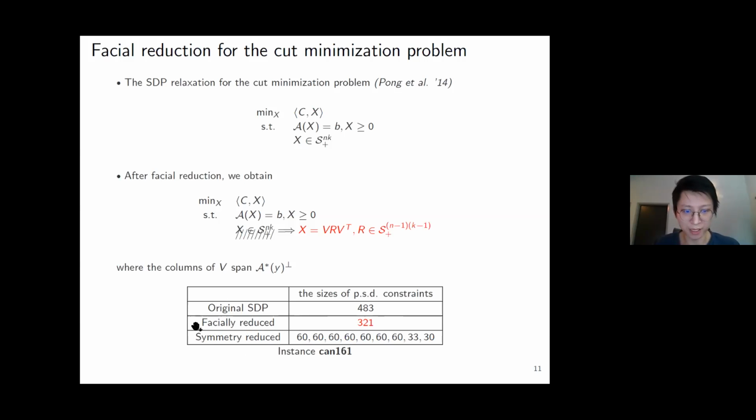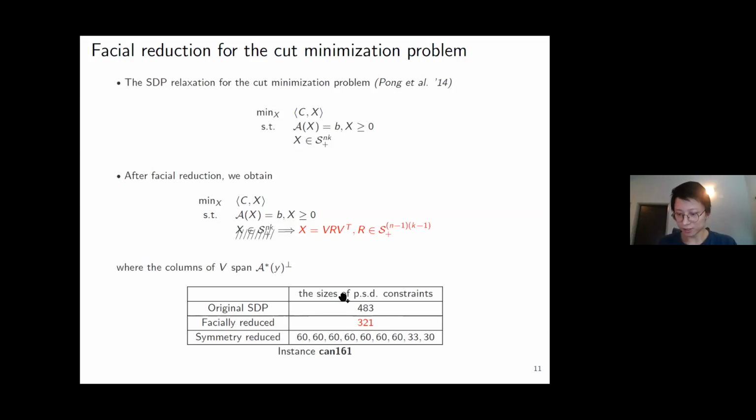I would like to note that this is not the main goal of facial reduction. The main idea of facial reduction is that we would like to have a stable formulation which can be solved correctly, and as a byproduct, the PSD problem size is also reduced.